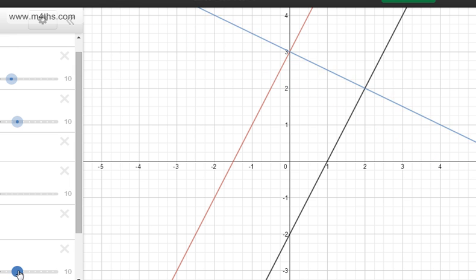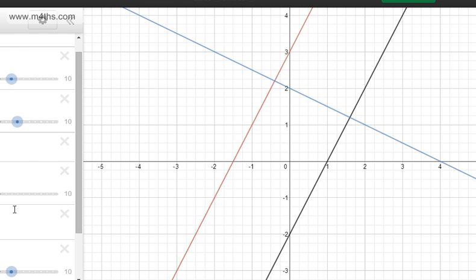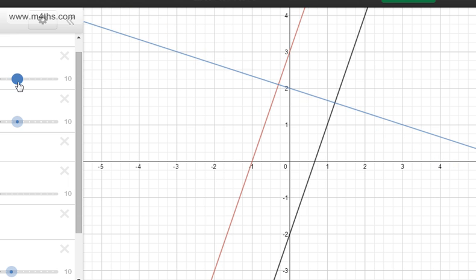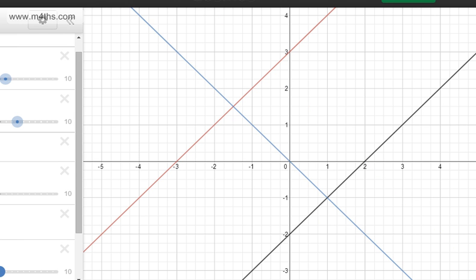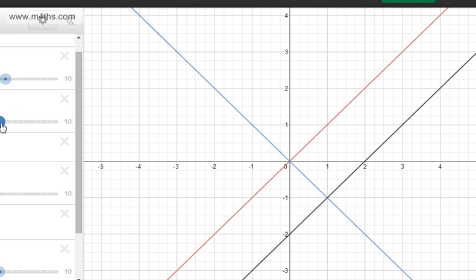We can move that up like so, and it will always be at right angles. If I went ahead and changed the gradient on the original line, we can see the perpendicular will also change. So let's go ahead and do that. Let's put that just there. So what I'm going to do is do quite a nice example of this. Let's just take one of these back to the origin.